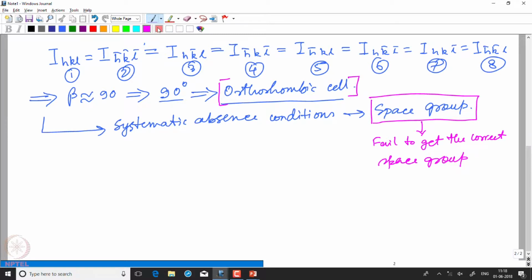What can happen in turn? Because of an incorrect space group, no structure solution, because our structure solution in general works based on the space group that we have determined.